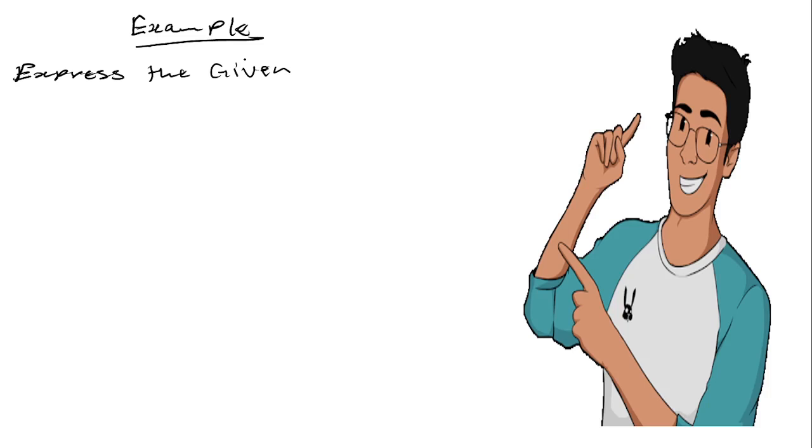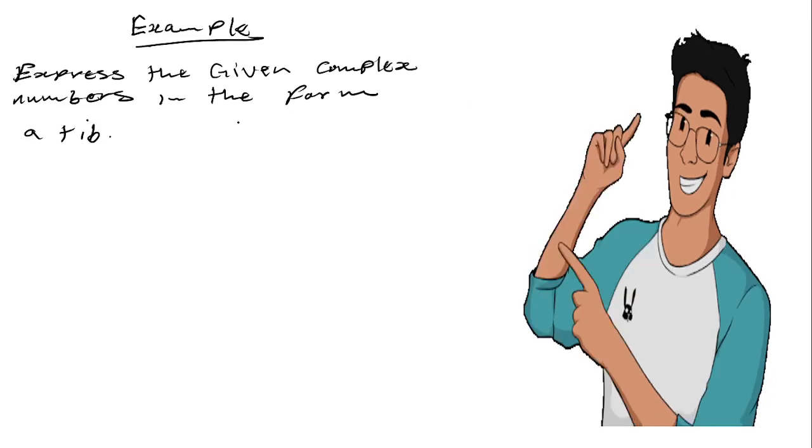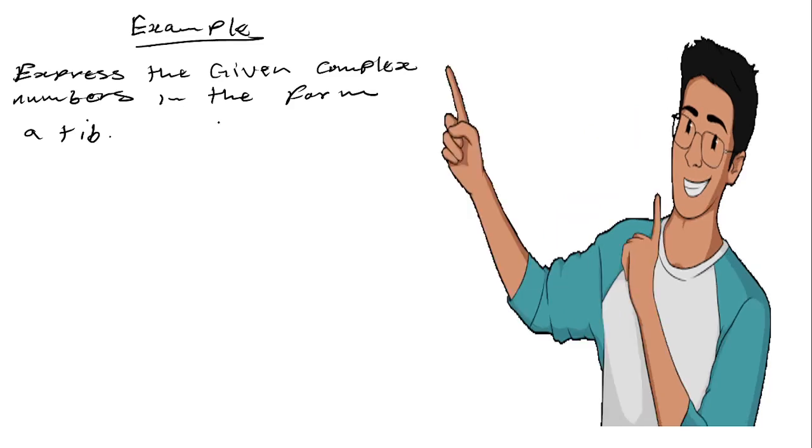So the question is, express the given complex numbers in the form a plus bi. The first one we have been given is 3 plus 5i over 5 minus i, and we have been asked to simply express it in that particular form.